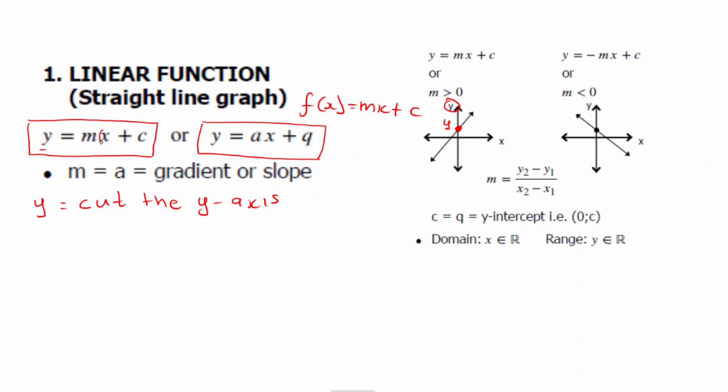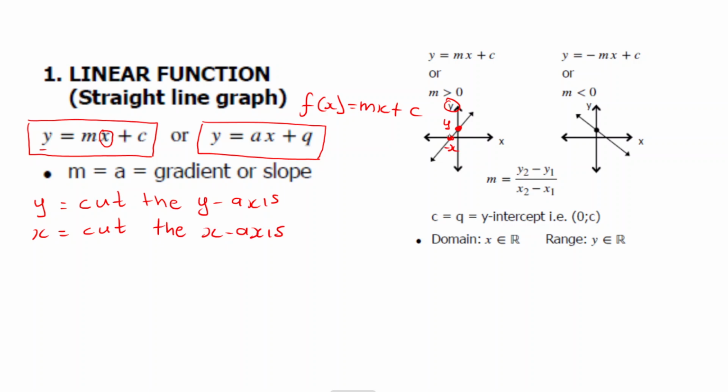Now the x that you see here next to the m is the point where the graph cuts the x-axis. For example, if you look at this graph, there is a point here which in this case is a negative x point.